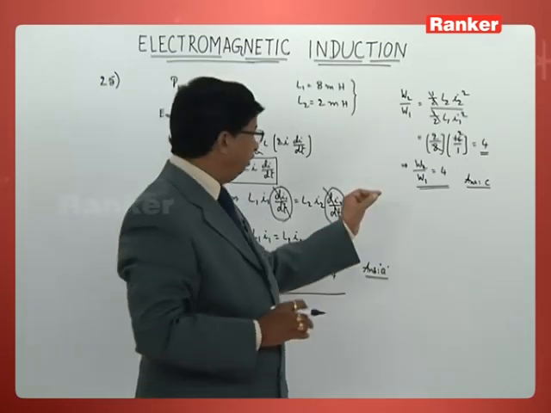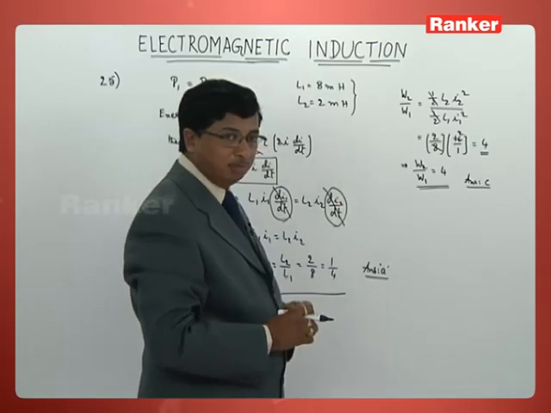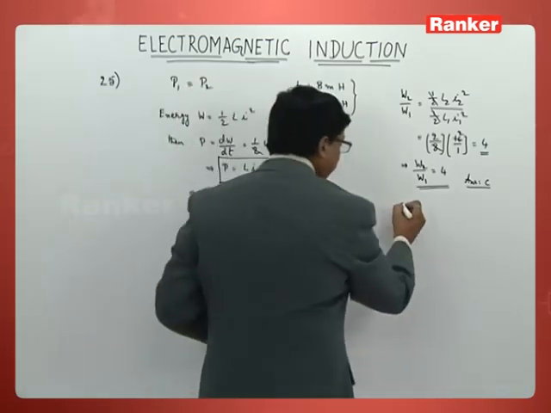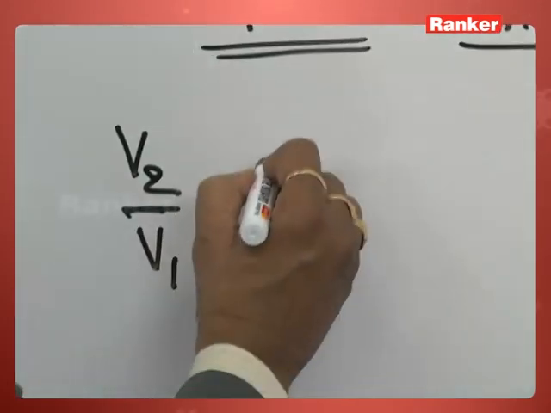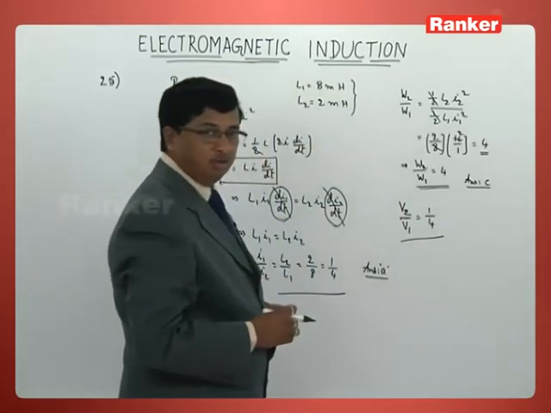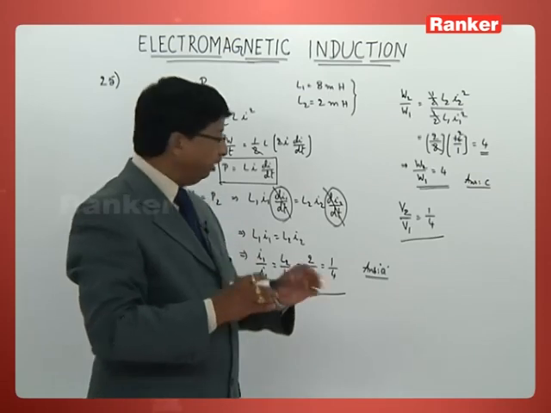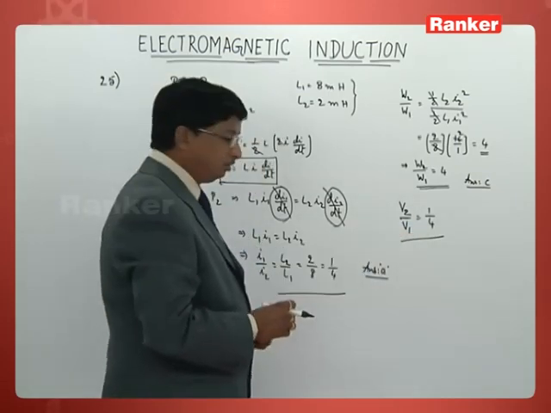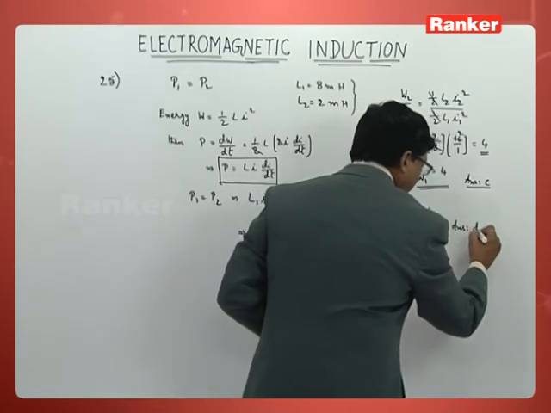So if you calculate V2 over V1, that again you will be getting 1:4. So V2 by V1 is 1:4 is correct. That means the option is going to be the fourth one as well.